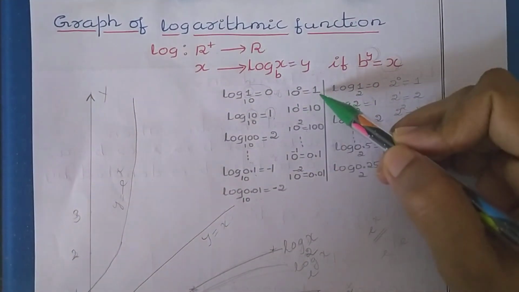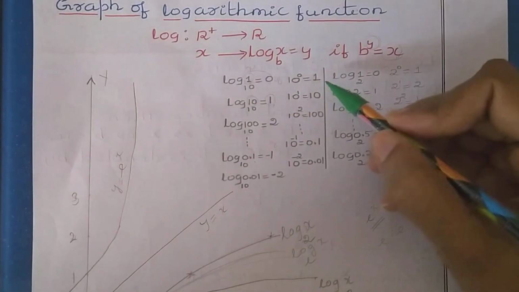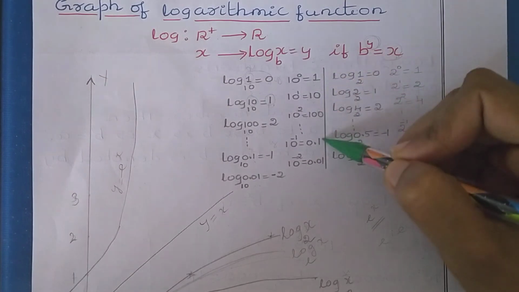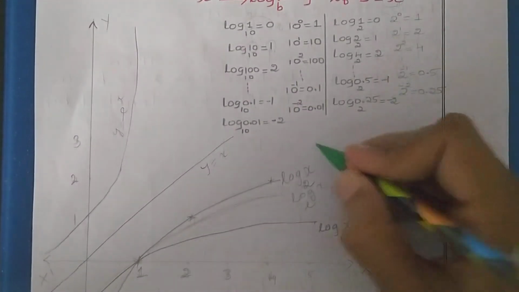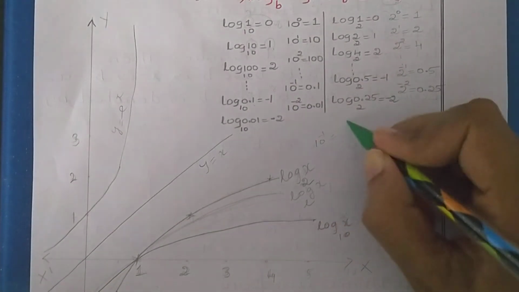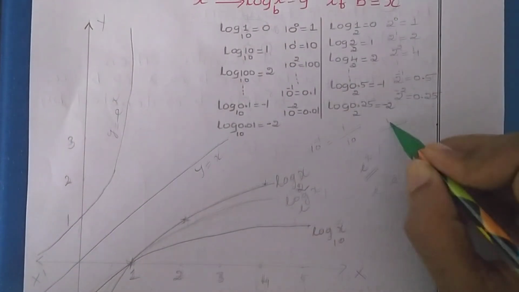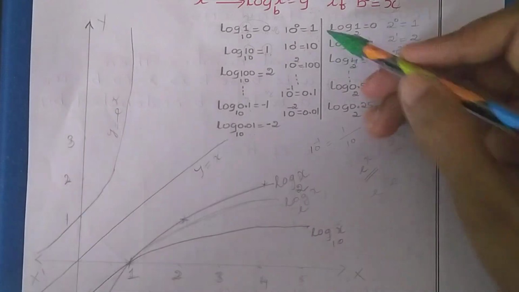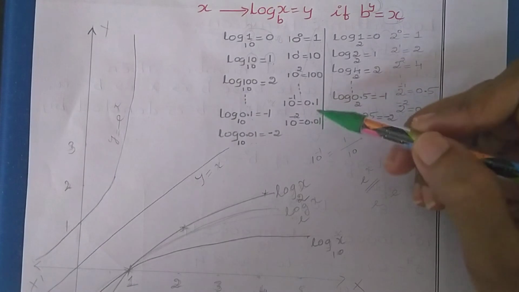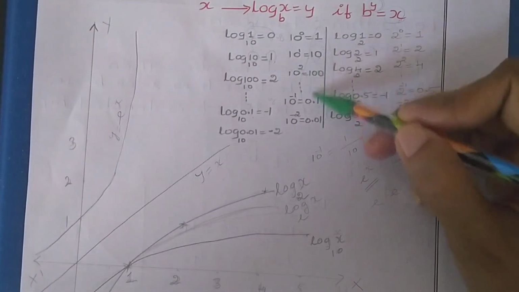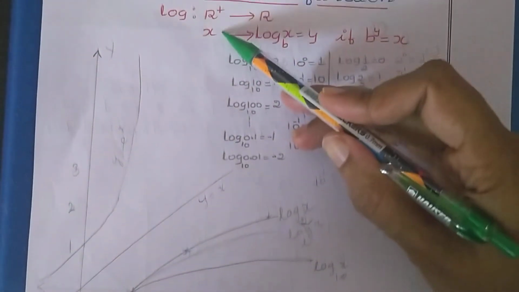See here, you can observe that there is no chance of getting negative values, because even if this value is negative, 10 to the power minus 1 means 1 divided by 10, and 2 to the power minus 2 means 1 divided by 2 squared. So this value is always positive. There is no chance of getting a negative value here. So the domain of the logarithm function is the positive real numbers.